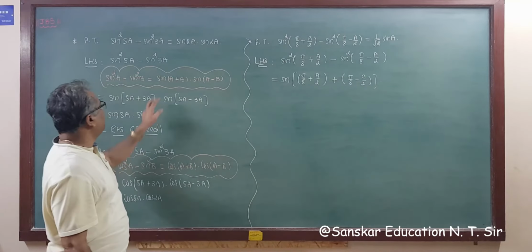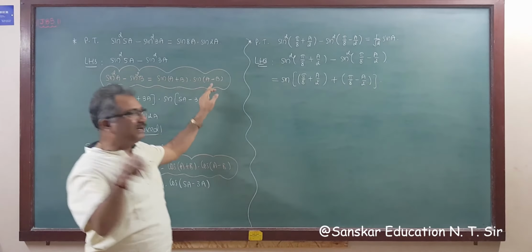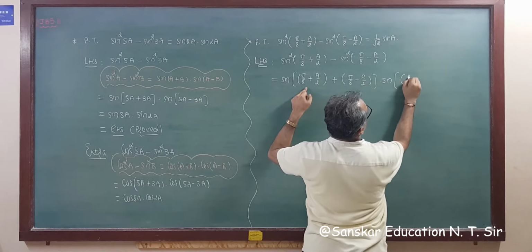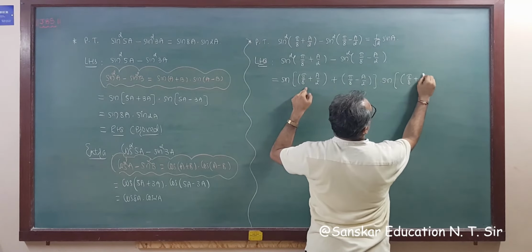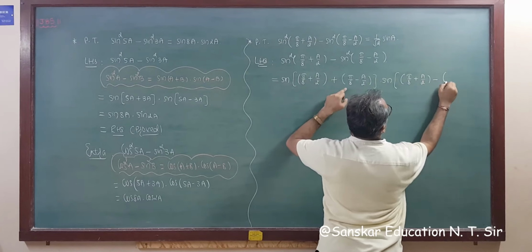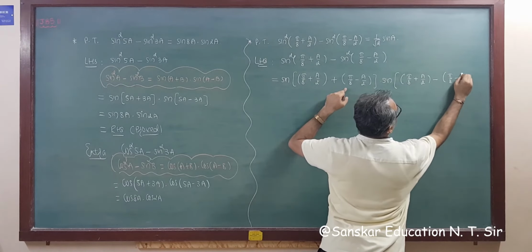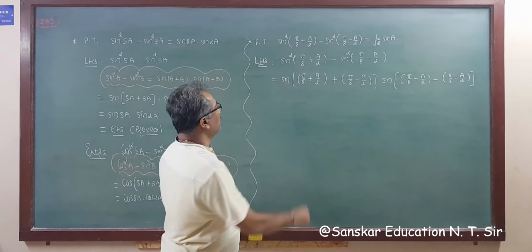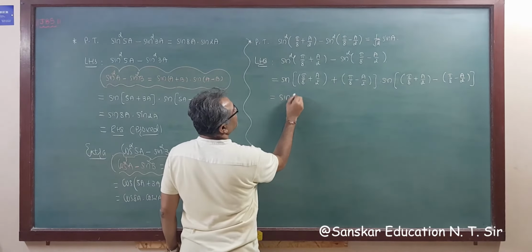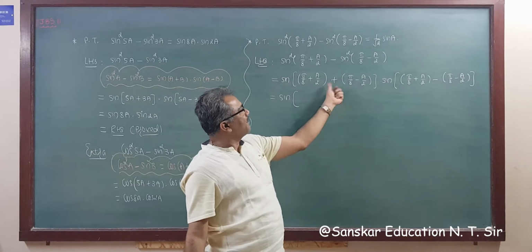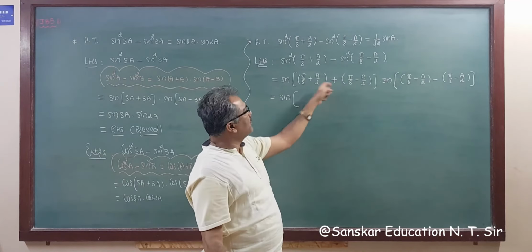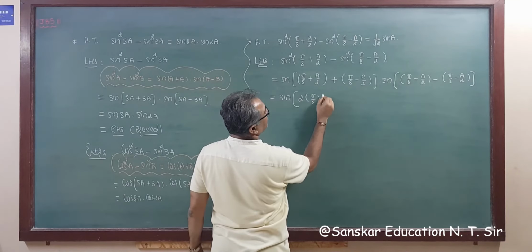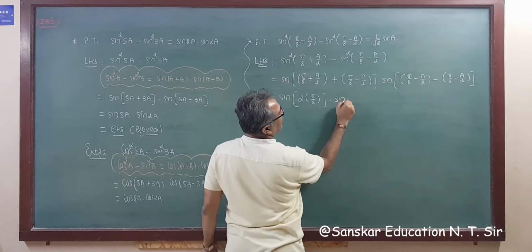Sin(A plus B). Now sin(A minus B): this is pi by 8 plus A by 2 minus pi by 8 minus A by 2. Simplifying, A by 2 will cancel, so we get 2 times pi by 8 into sin.